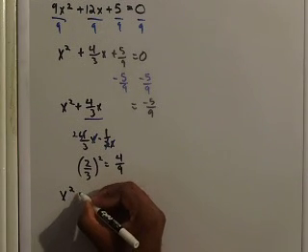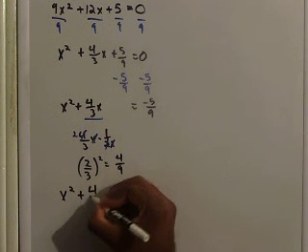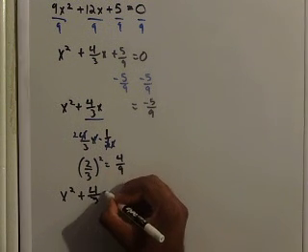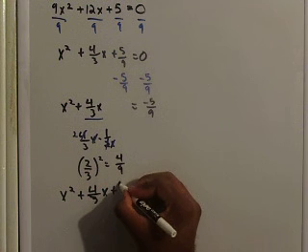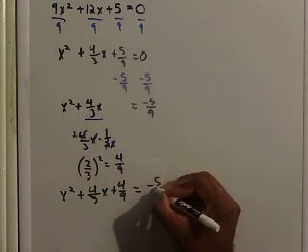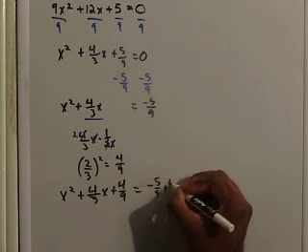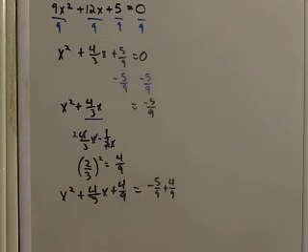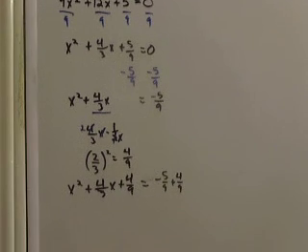x squared plus 4/3 x plus 4/9 is equal to negative 5/9 plus 4/9. And then what's going to be our next step here?